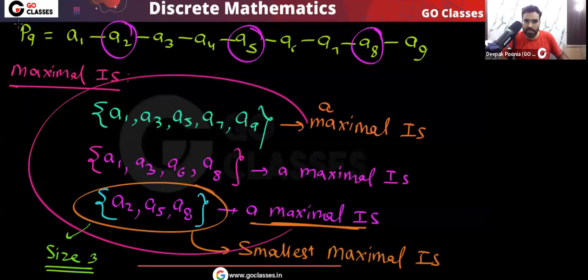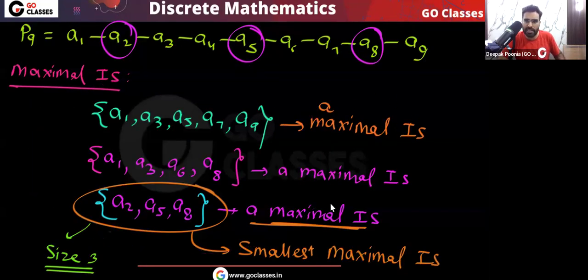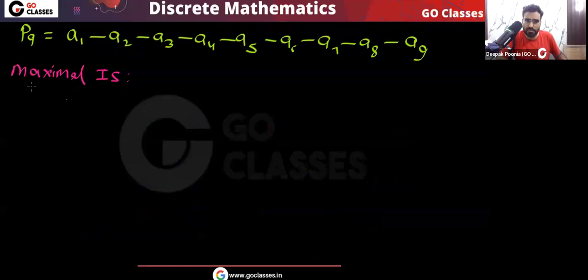Remember one more thing, that these are not the only maximal independent sets. You can create more independent sets also, more maximal independent sets also. Can you give me some more? How many maximal independent sets are there? Take it as a variation.